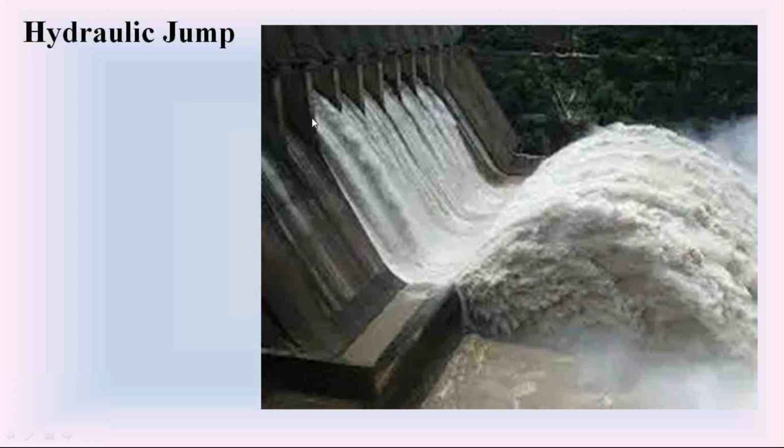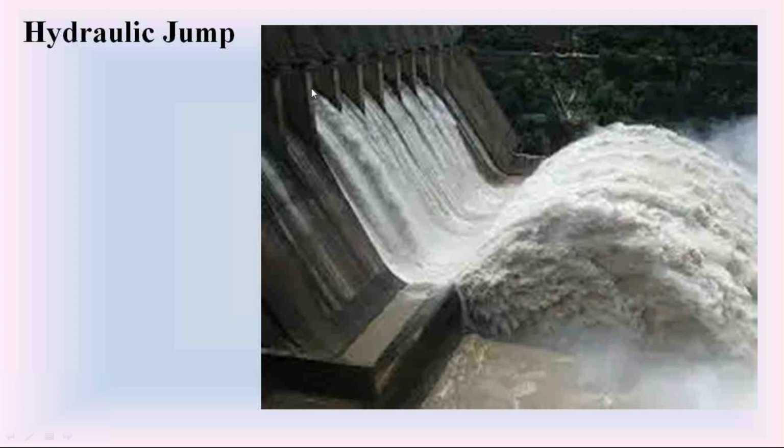So we have gates above the spillways. If you raise those gates, then from the upstream, the water starts flowing over the spillways. It is released to the downstream of the river. So during heavy floods, if the capacity of the dam is exceeded, we release the water from the dam by using these spillways.